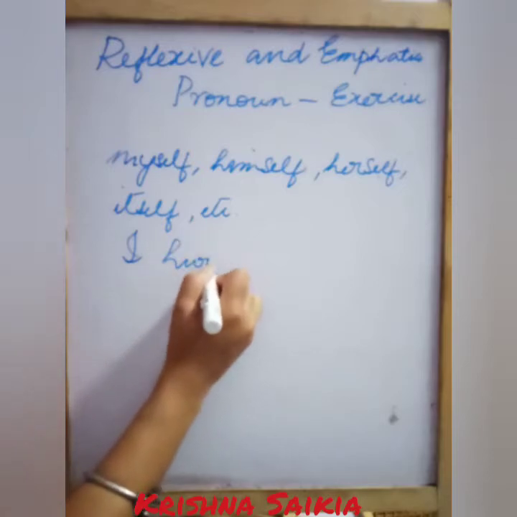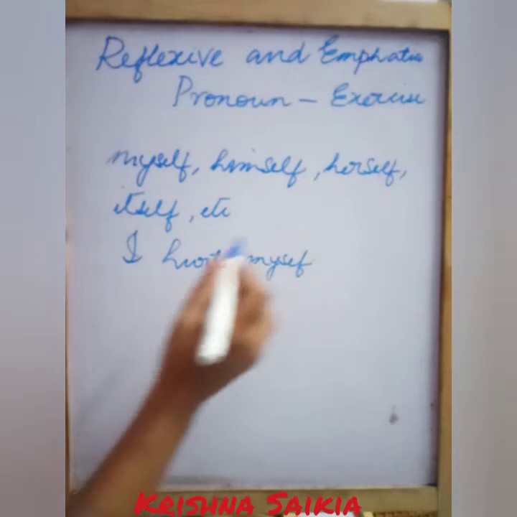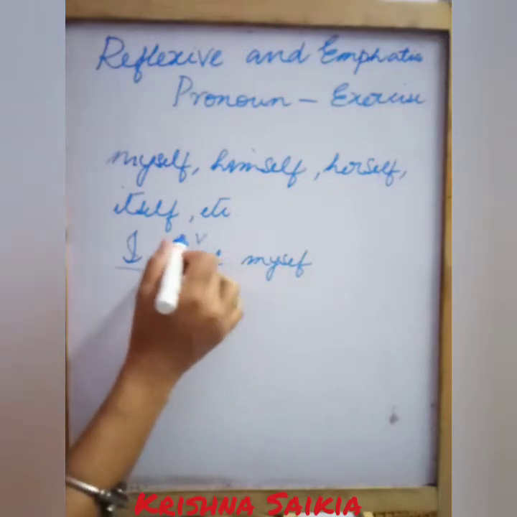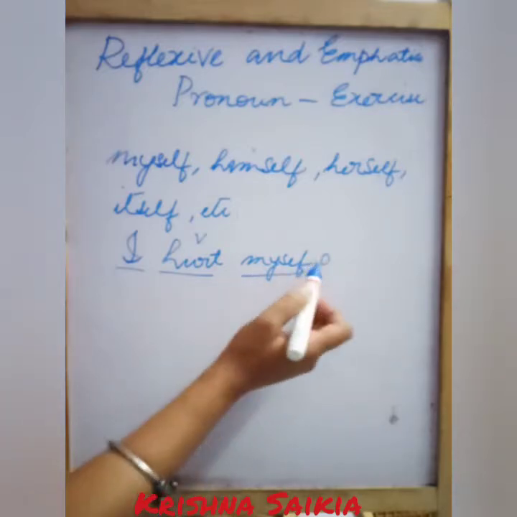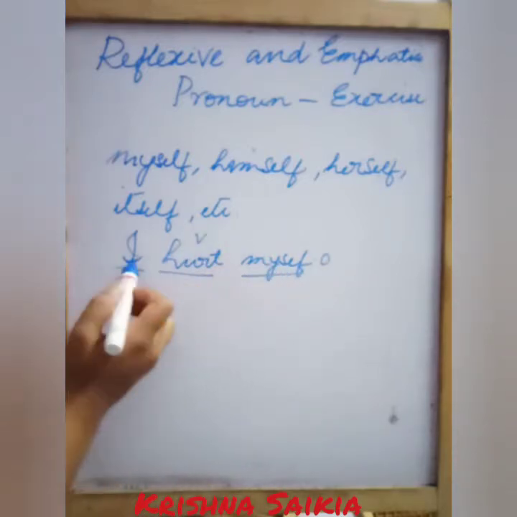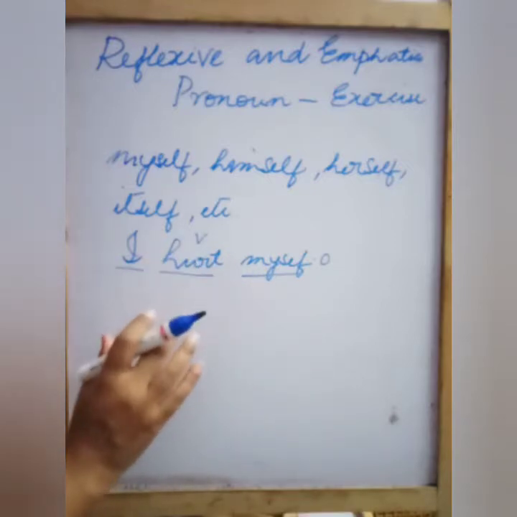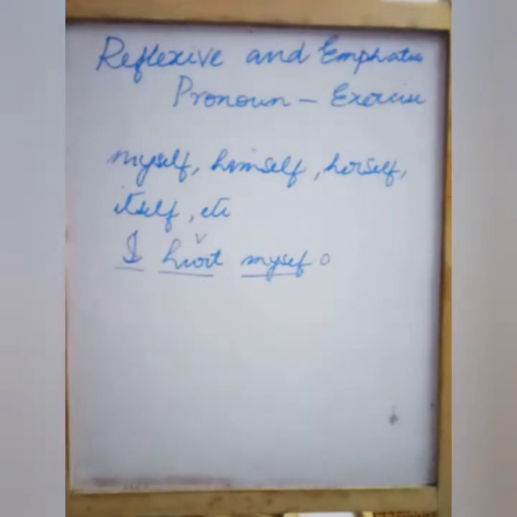I heard myself. So here you see, I is the subject, heard is the verb or the action, and myself is the object. So here you can see object and subject of a verb are the same. So in such cases, the pronoun used is a reflexive pronoun, right?